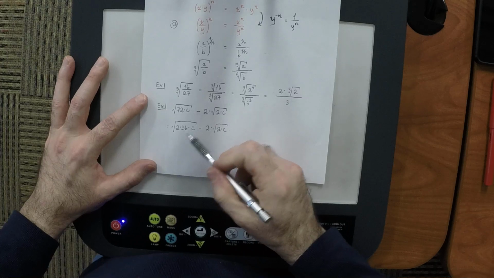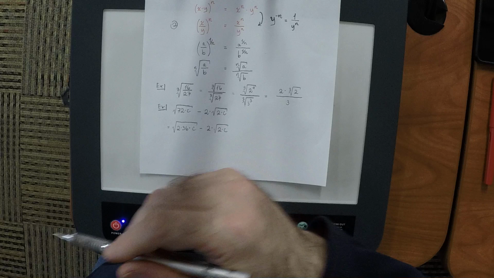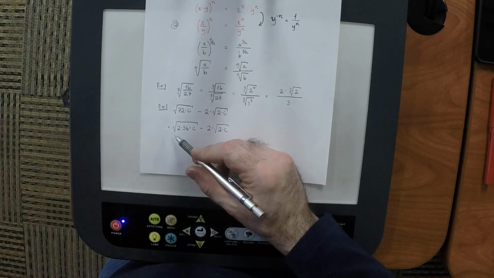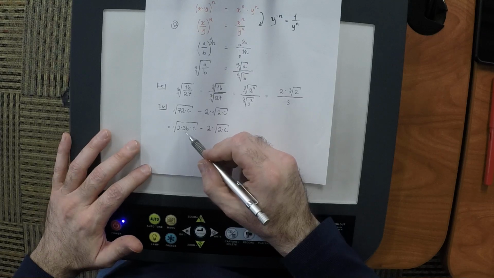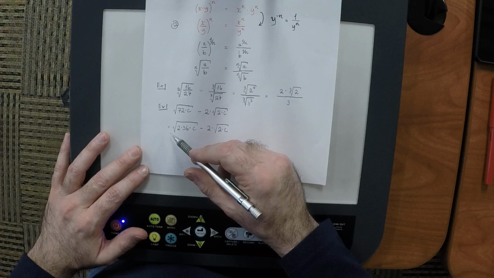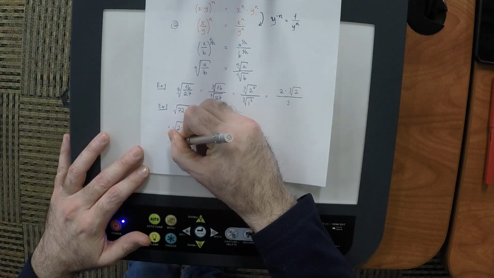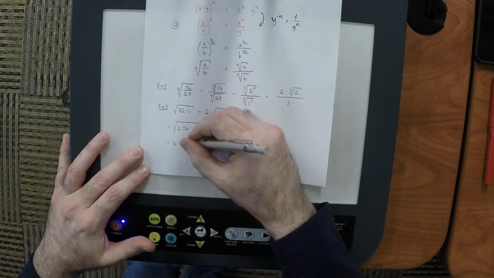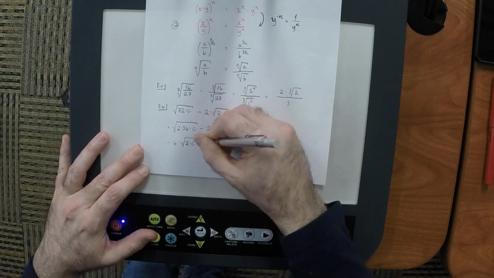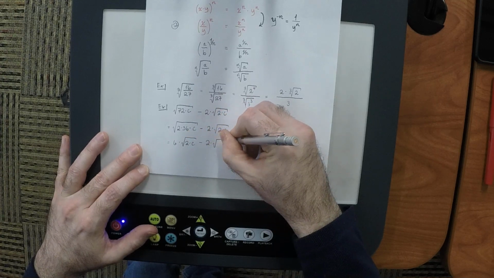And this factorization of 72 is probably the best one for this exercise, because that 2 can't come out, right? But how about the 36? Yeah, it can come out, right? And when it comes out of the square root, it comes out as 6. So you could say that this is 6, and then what's left in this radical is 2c, and then subtract 2 multiplied by square root 2c.